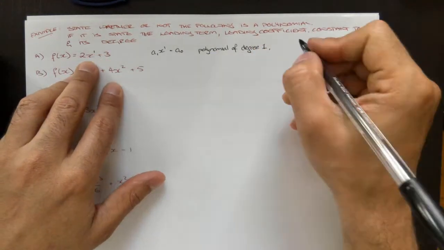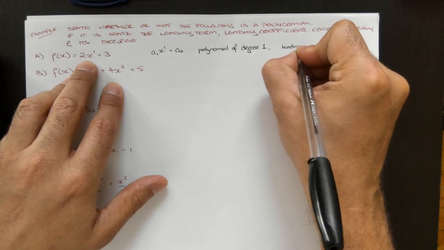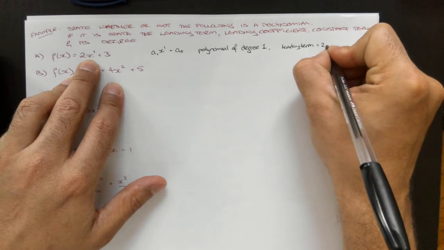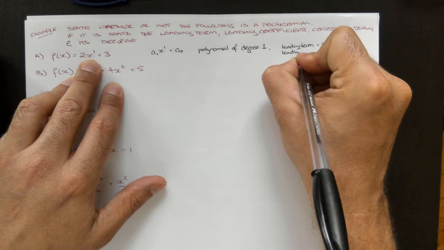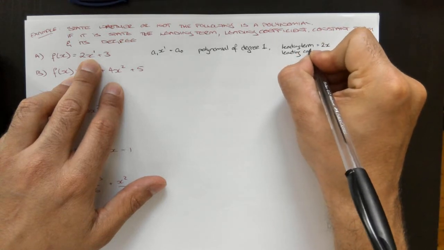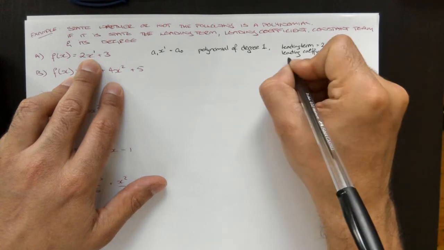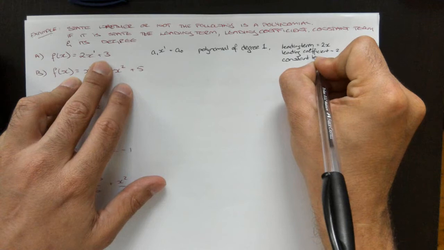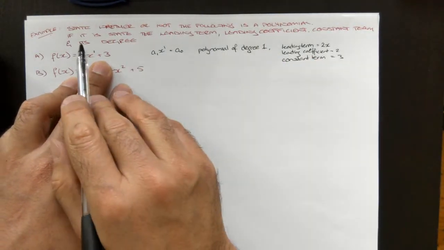The leading term is obviously 2x. The leading coefficient is 2, and the constant term is 3.